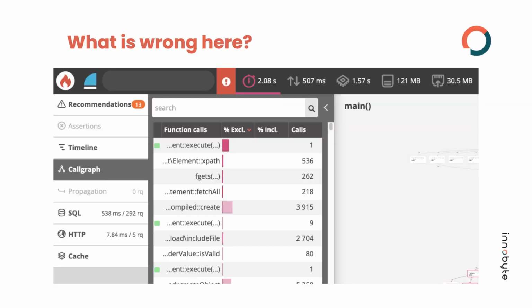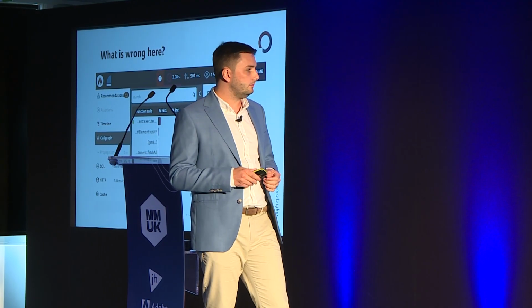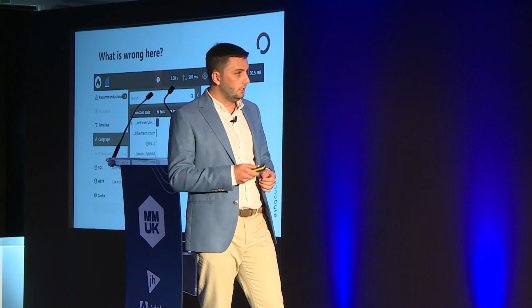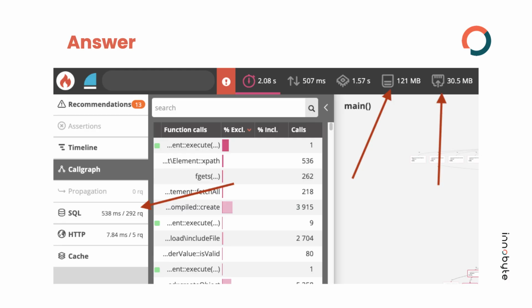This is the profile made for the first issue with the sales rule. And at the beginning, when I saw this report, I knew that there was a problem. And there are several marks that give me this information. So first of all, in the network area, we are downloading 30 megabytes of data.